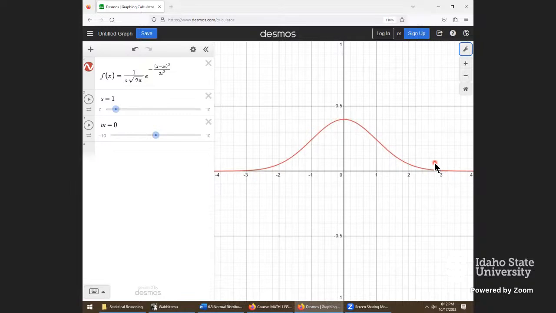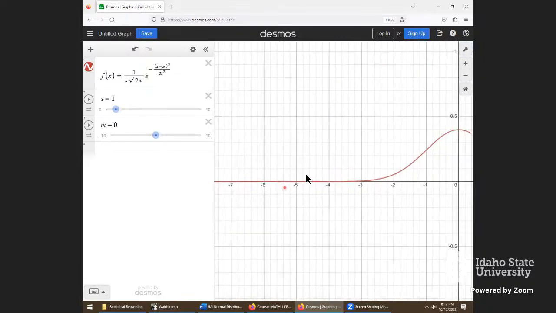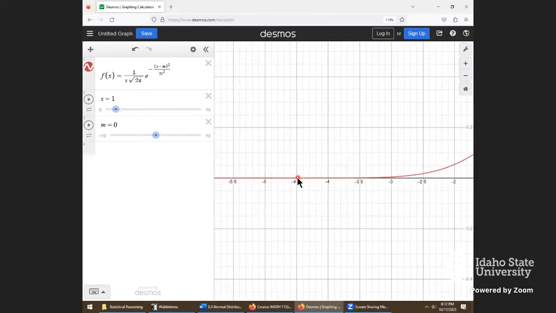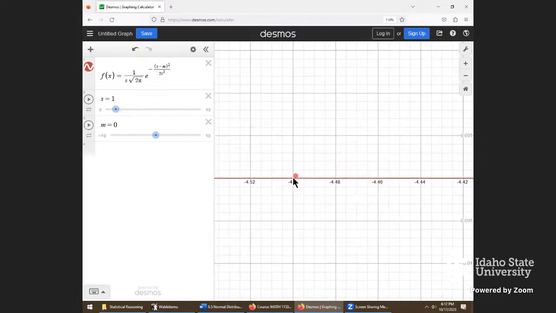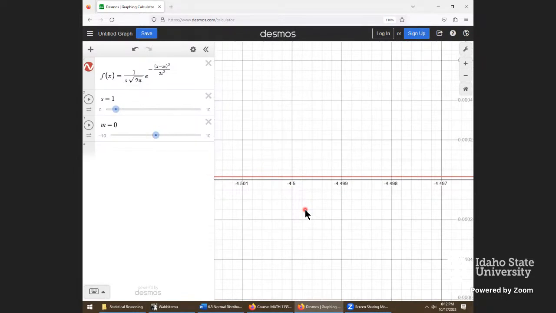I always mention every time we plotted this curve will never even touch the x-axis. That looks shady right here, right? But if you wanted to, you can go way out here, maybe not too far, but let's go right here. I zoom in on this location for a long enough amount of time, eventually you're going to see a separation of the curve and that horizontal axis.